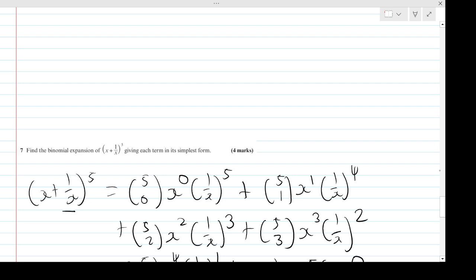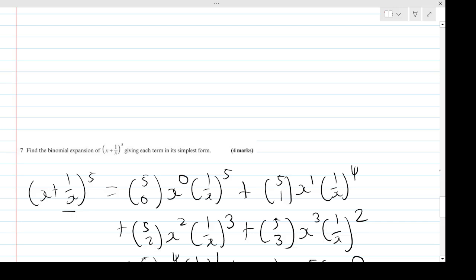More trickier problems. But for now, hopefully you've got the base idea of how we can expand a binomial, right? Using this idea of the coefficient, start from 5 choose 0, say, then x to the power 0, then obviously go on from there. So then you do 5 choose 1, then 5 choose 2, and then 5 choose 3, and then the x powers and all that follows. And so we get the expansion that way.